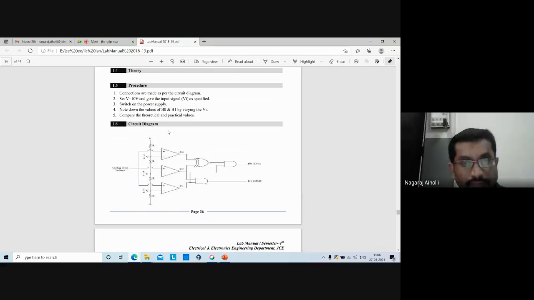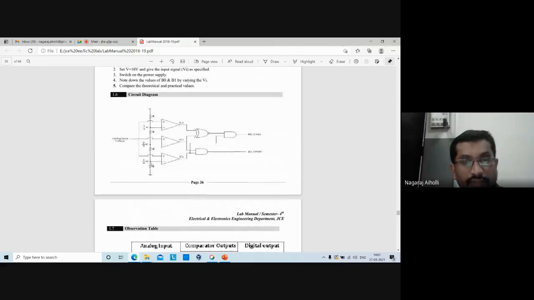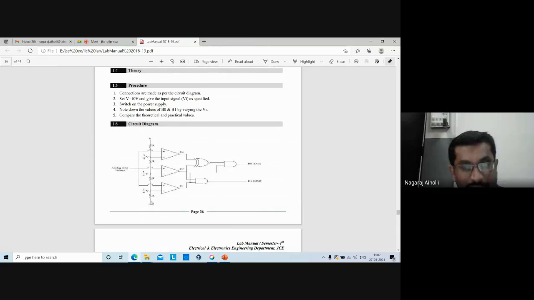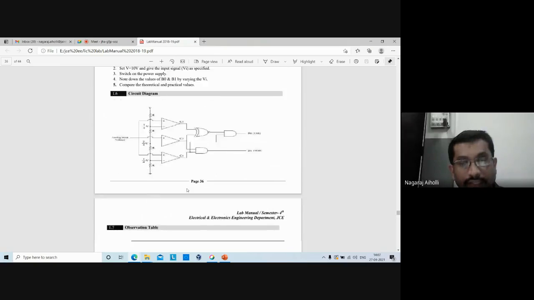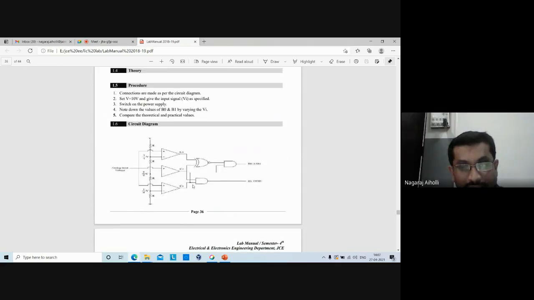Now, if the input voltage is in between 0 volts and V/4, then C1, C2, C3 all will be 0, and binary outputs will also be 0.